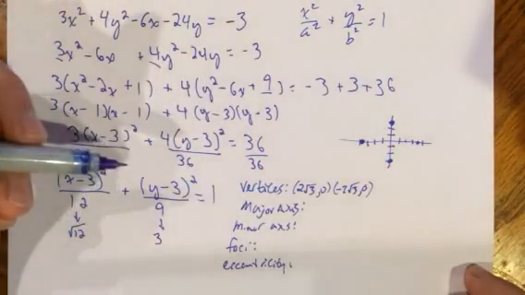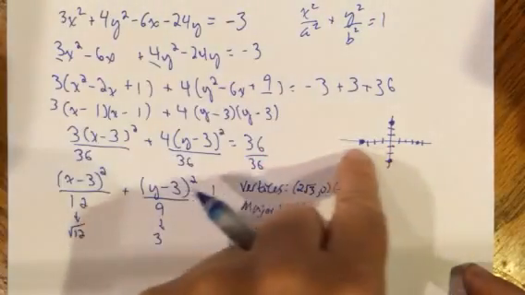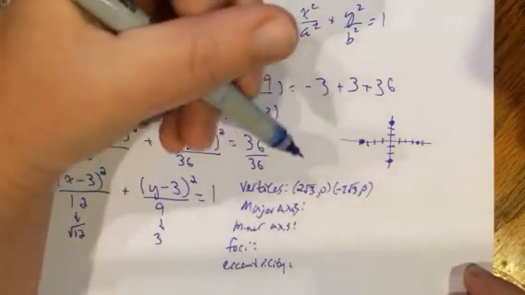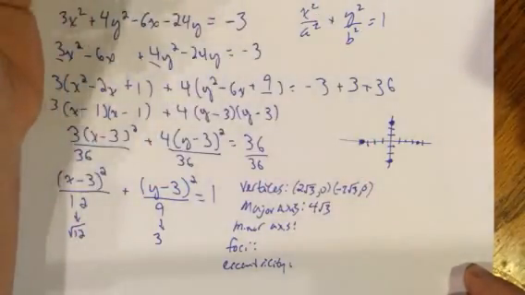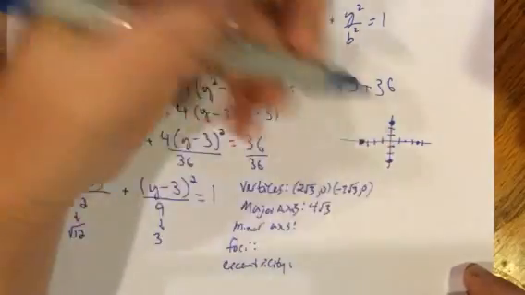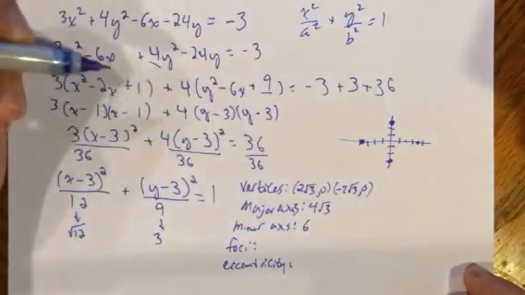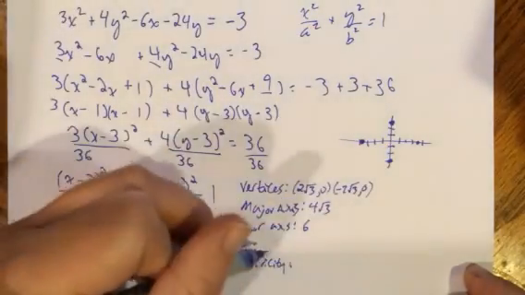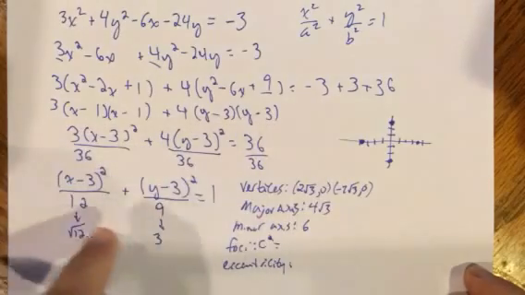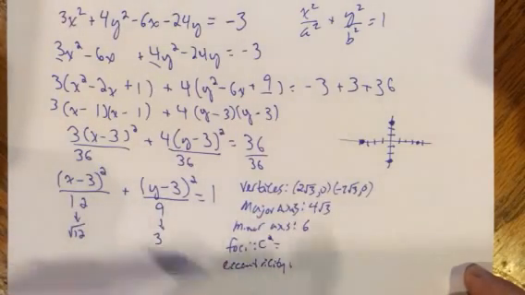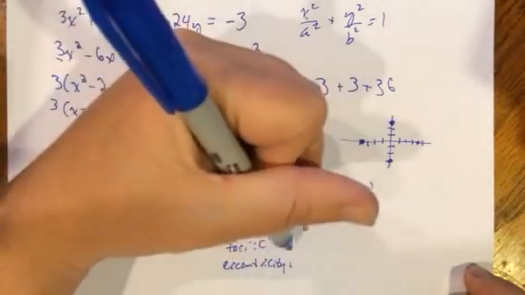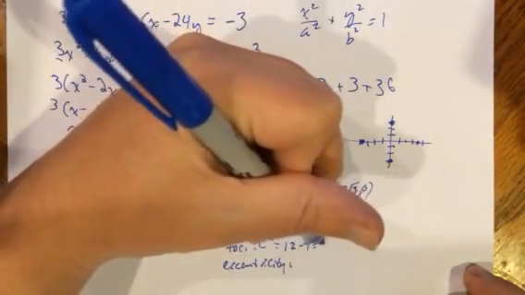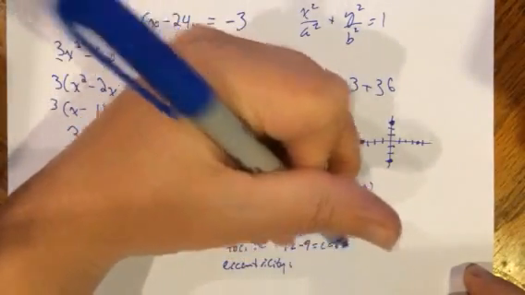Okay, so my major axis, longer, is on my x. That would be 2 root 3 plus 2 root 3, or 4 root 3. Minor axis, smaller is along my y, so it'll be 3 plus 3, so 6. Foci is just c squared is my larger minus my smaller, and it's larger squared, but again, we can just look at denominators. So 12 minus 9, so c should equal square root of 3.